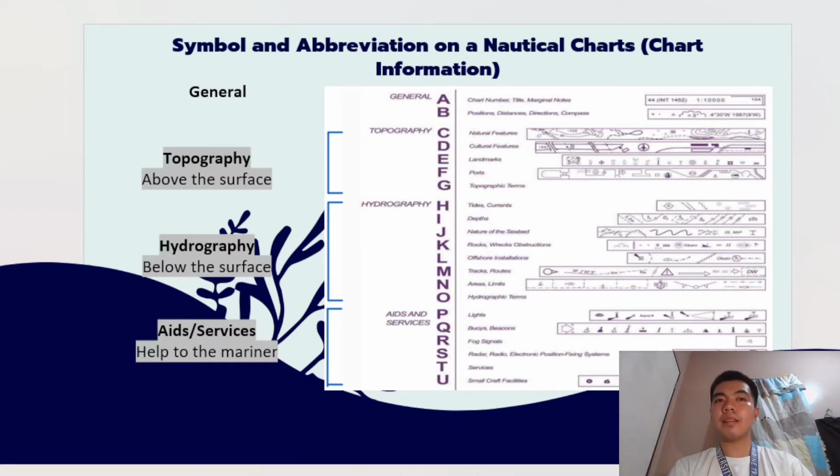And lastly, we have the aids and services. This is to help the mariner. This is from P to U: lights, buoys, beacons, fog signals, radar, radio, electronic position fixing system, services, and small craft facilities.